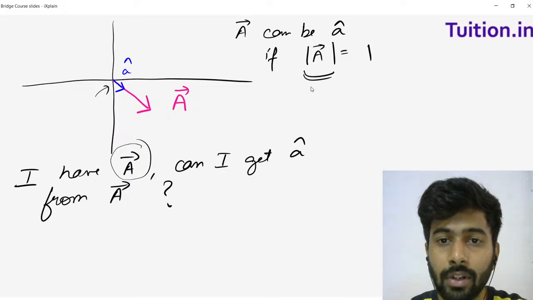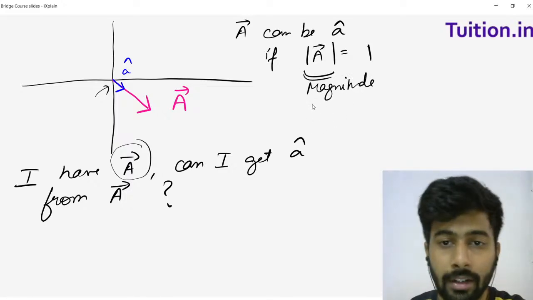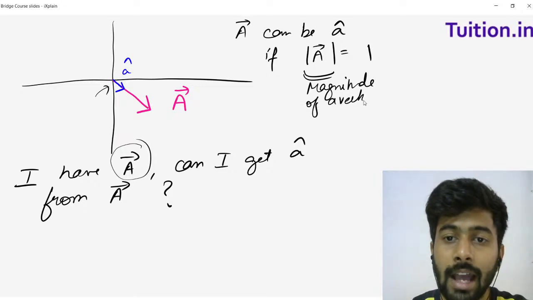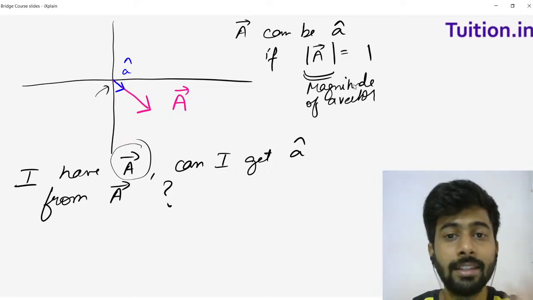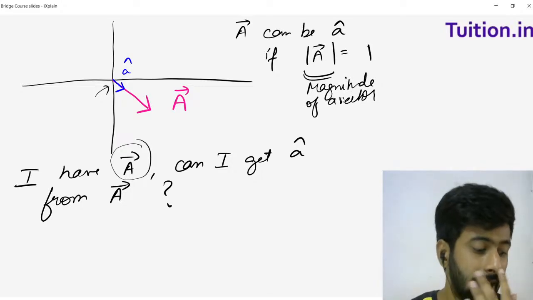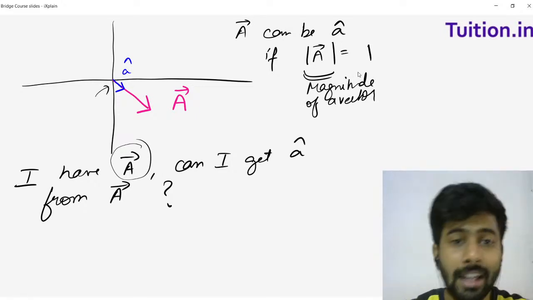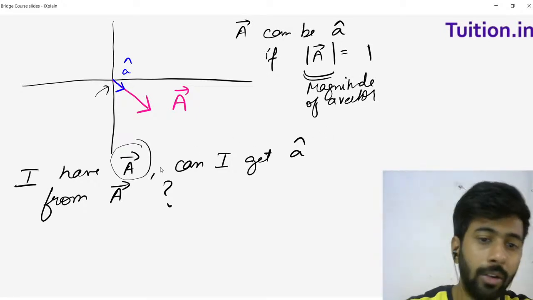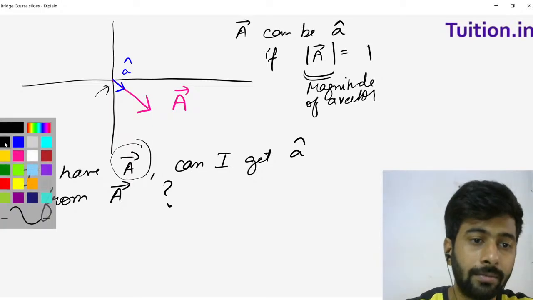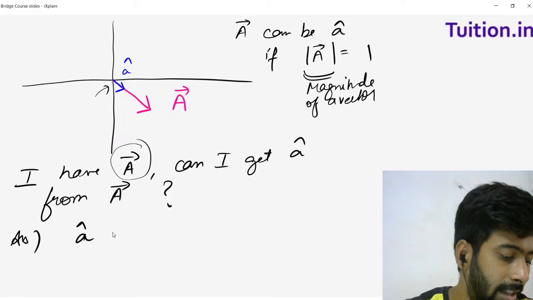This symbol is used for the magnitude of a vector, like the length of the arrow that represents the vector. If that arrow represents 1 unit, then this a bar can be a cap. But it's not a necessity that this a bar has to be a cap. It can be something else also. It can be of any length depending on its magnitude. Okay. So how do you get a cap? If we can, then how can we? Is there a mathematical formula?